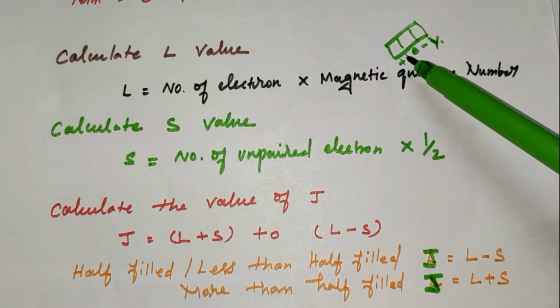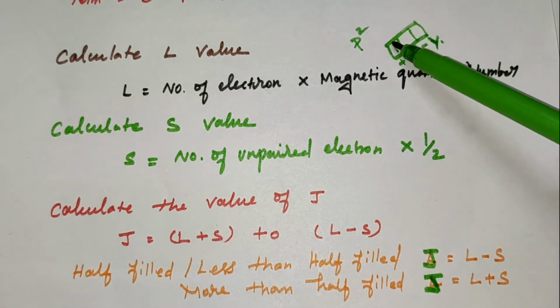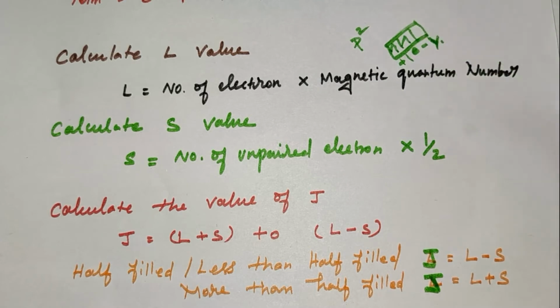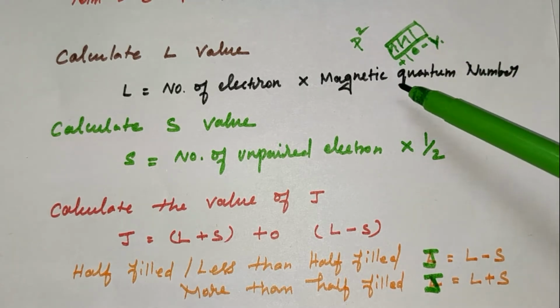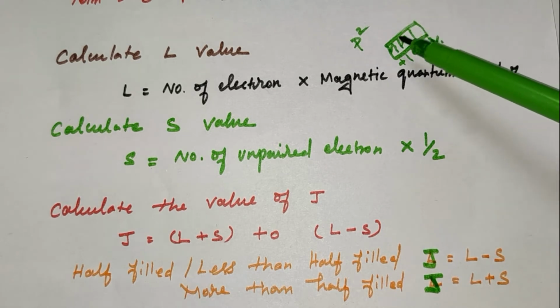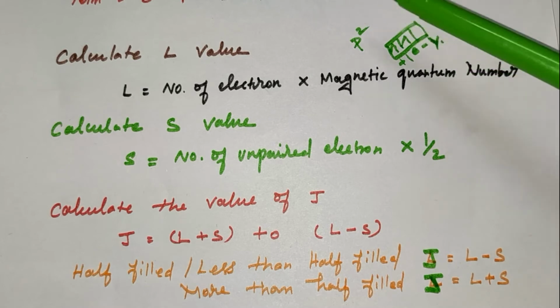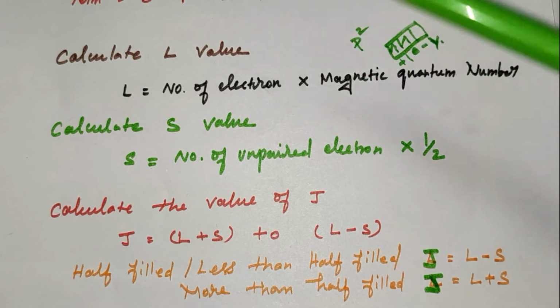For example, in the p2 configuration there are 2 electrons, written as 1, 2. The magnetic quantum numbers are plus 1, 0, minus 1. So the total value of L is equal to 1. L is equal to 1, the term is given as P.